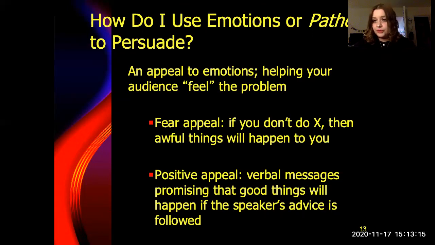So, going back to the Texas State parking example, going the fear route would be: if we don't get more parking spots, then no one will get parking spots. Then no one will want to go to Texas State, so Texas State will fail as a school, and you'll have a degree from Texas State that won't mean anything, and so on. That's trying to negatively convince someone.